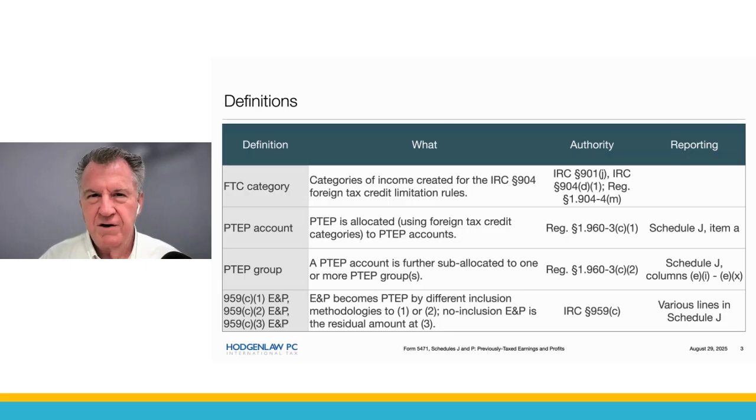And there are different categories, whatever you want to call it, of these earnings and profits under section 959, because that dictates the sequence in which distributions out of earnings and profits are returned to the shareholder in a taxable or tax-free manner.